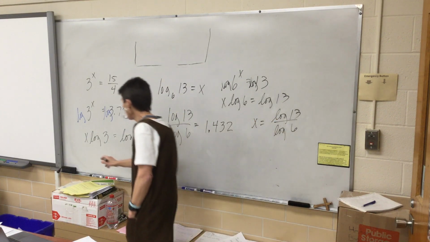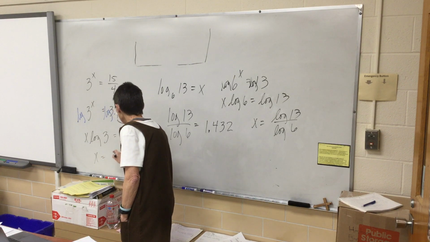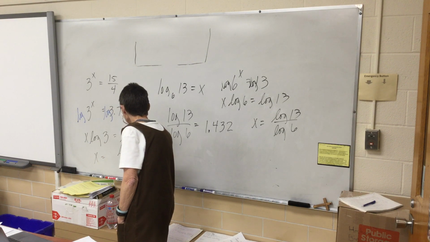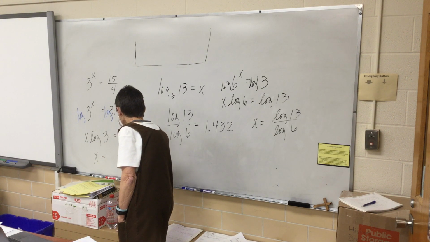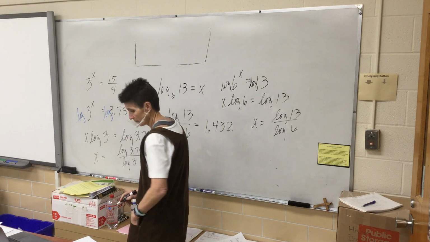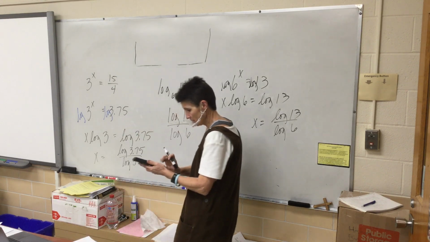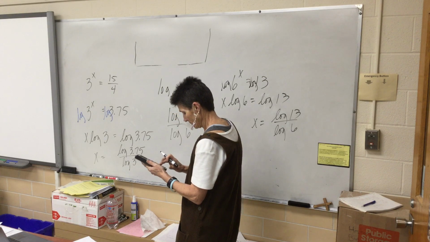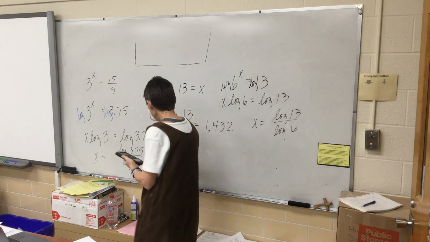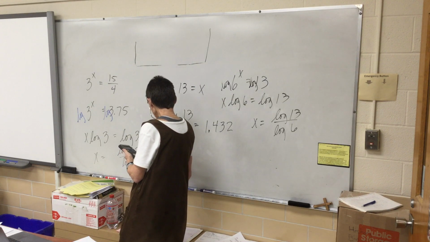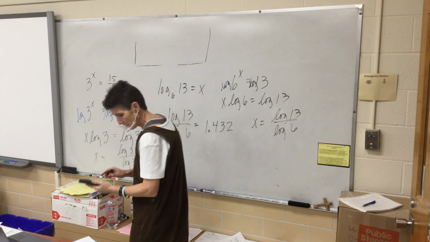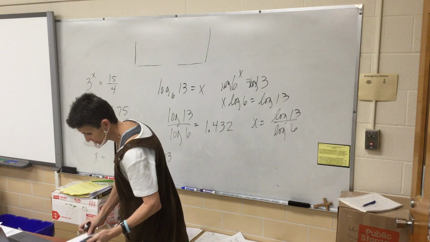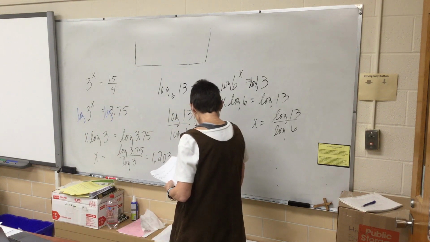Then, to get x by itself, you're just going to divide by the log of 3. You're going to type that in on your calculator. And you get 1.203. I'm rounding to the thousandth because that's what the directions say.